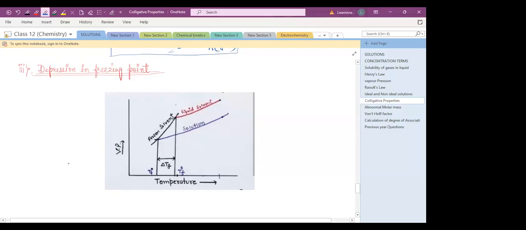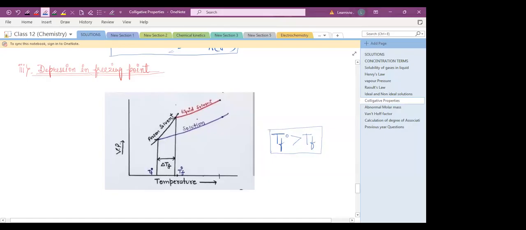So basically this graph plots temperature and vapor pressure, and it shows that the freezing point of a solution is lower than that of the pure solvent, means Tf naught, the pure solvent freezing point, is greater than Tf, the freezing point of the solution.